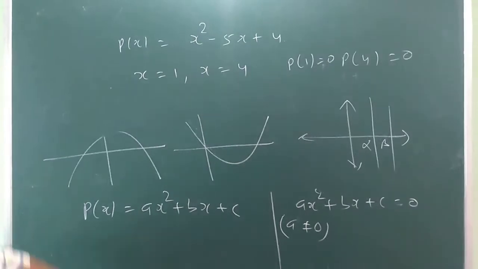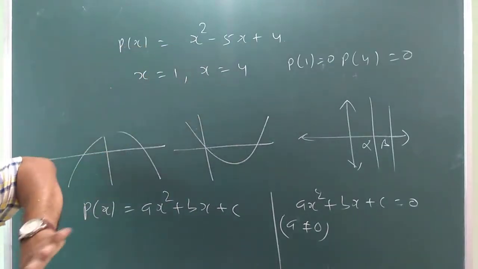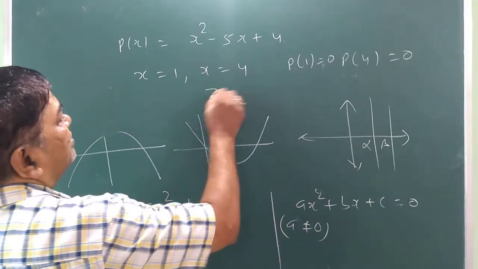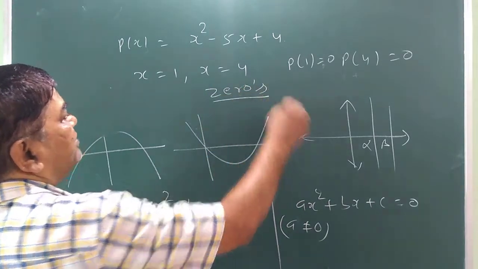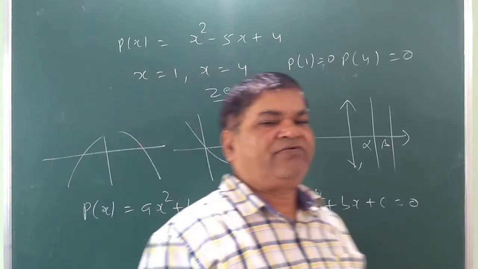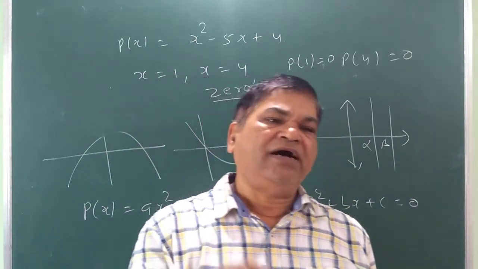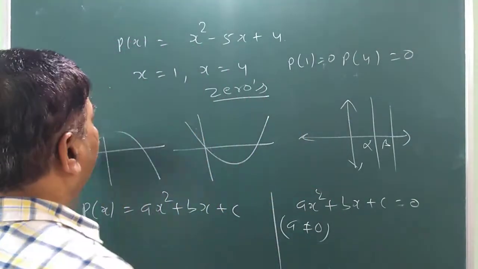So in the case of a polynomial, these 1 and 4 are called zeros. Means what? The values of x for which a polynomial becomes 0 are called zeros.